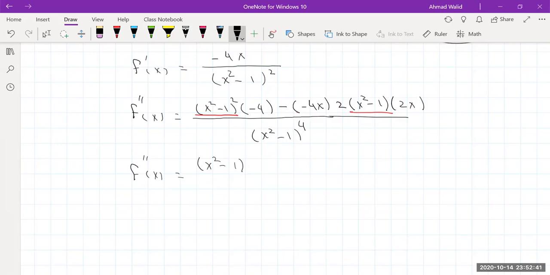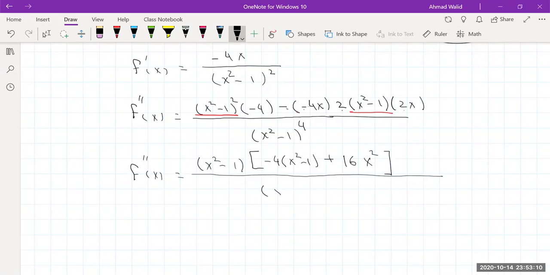What is left inside here: negative 4 times x squared minus 1, one of them, correct? Negative times negative gives you positive. This one, you took it already as a common. 2x times 2 gives you 4x. 4x times 4x gives you 16x squared over x squared minus 1 to the power of 4.